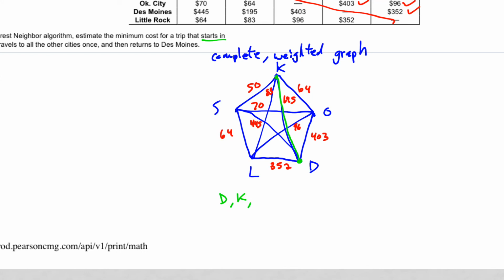Now, the cheapest after that would be this way. That's 50. And then the cheapest from there would be 64. And then the cheapest from there would be O, 96. And then we got to go back home, D.